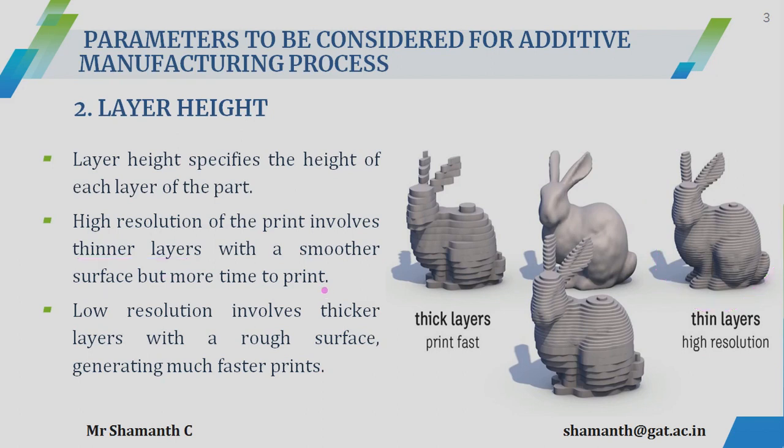Depending on how exactly you want the print to be, you can adjust the layer height, whether it has to be thicker or very small, or you can have a combination of both thicker and thinner layers, depending on where you need the details to be very good and where the details need not be that great. So this is an important parameter that you need to consider while going for the additive manufacturing process.